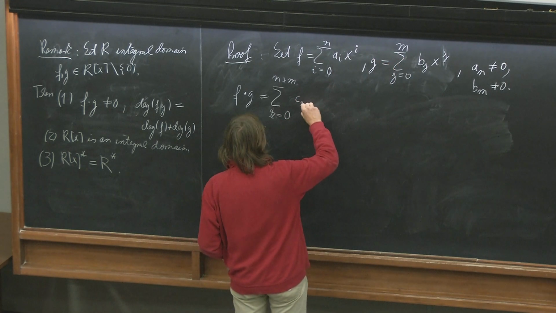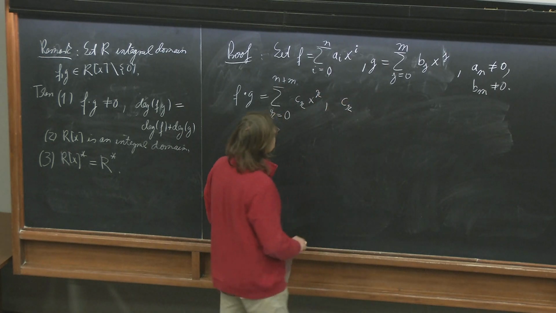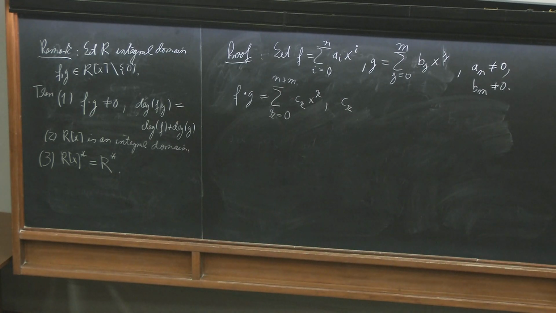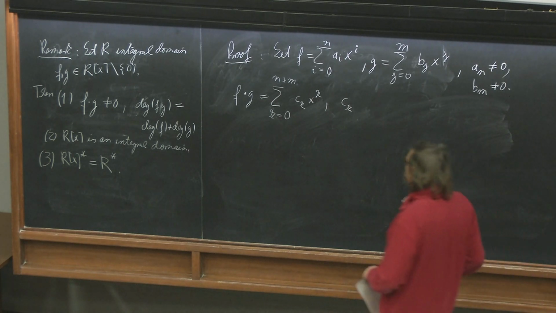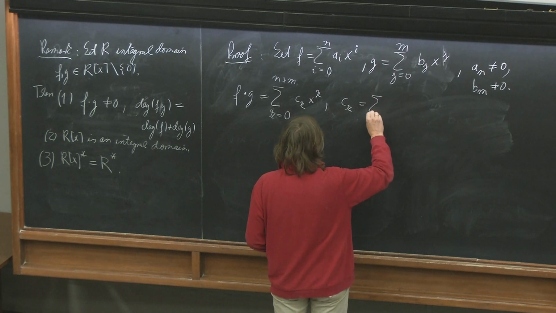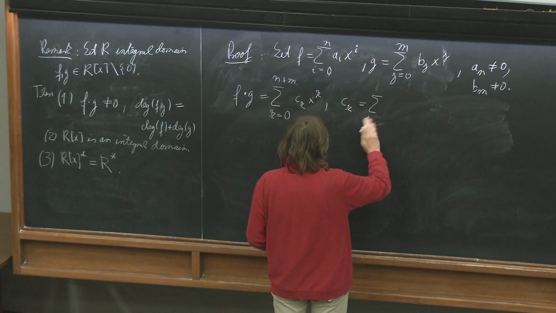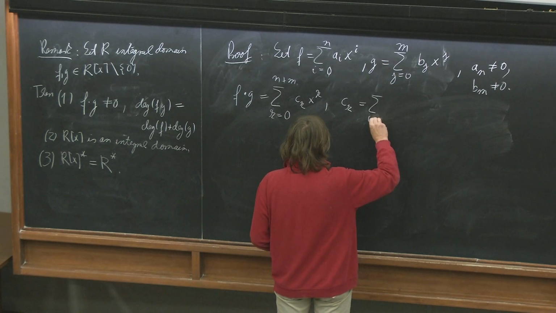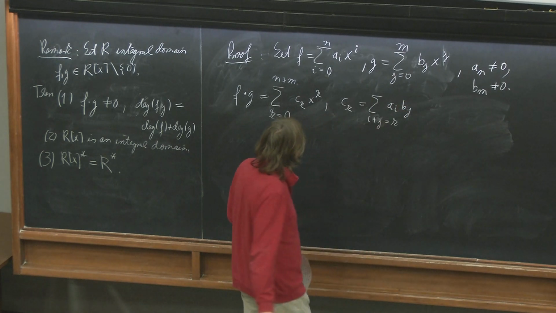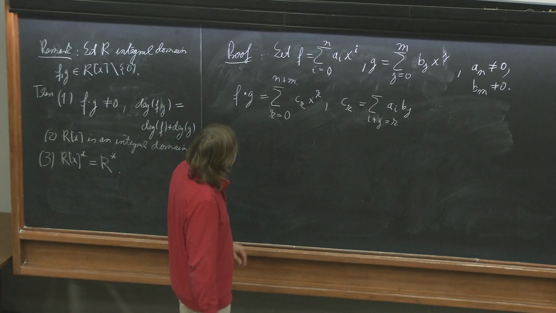So c_k x^k, where c_k is, according to what I wrote down here, the sum over all l plus s equal to k of a_l times b_s. Or, maybe I take i and j, so the sum over all i plus j equal to k of a_i b_j.